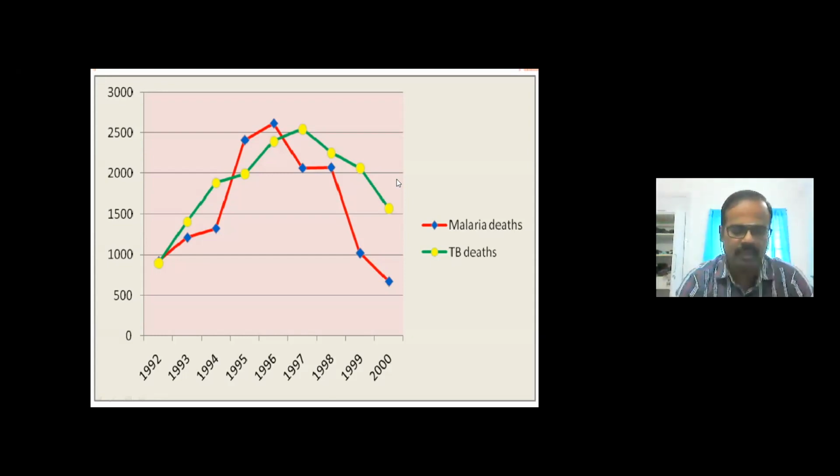But here in the line diagram, to present two variables, what are the two variables presented here? One is malaria death, another one is TB death. So TB death and malaria death over the period of 1992 to 2000, depicted graphically with numbers and a line. So this is what is called a line diagram, which can give you those points, Kavya.